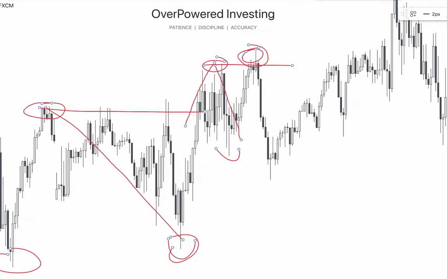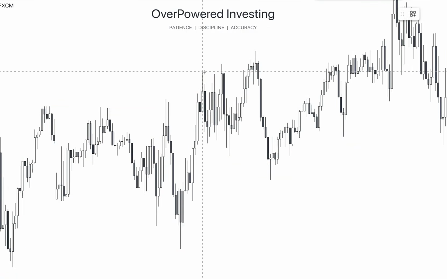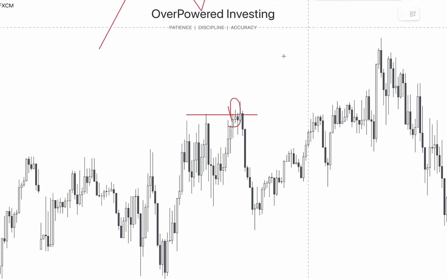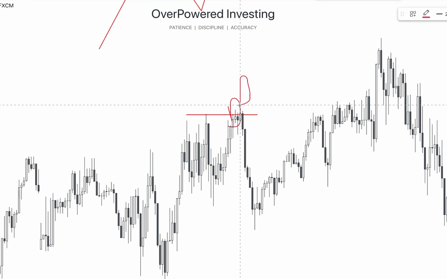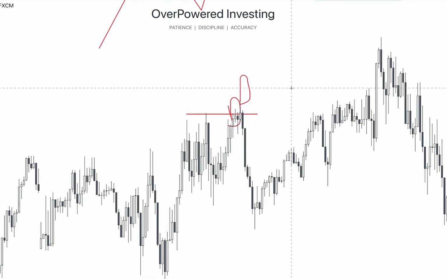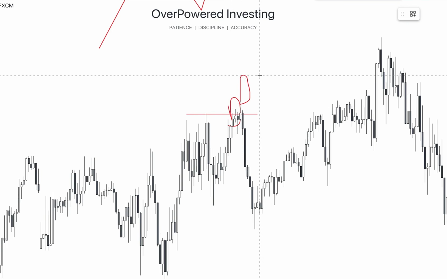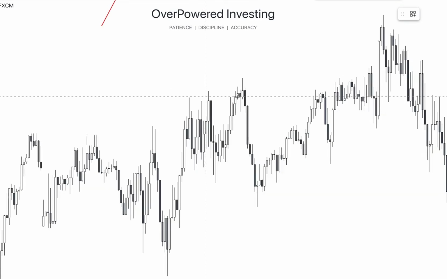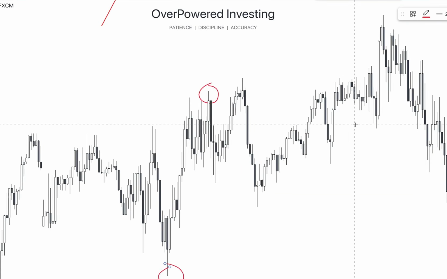If only price closed above this level with a full body candle and had one more candle closing and confirming the breakout. So the breakout structure can be confirmed by two candles. One candle breaks the previous high or previous low with a full body candle, and another candle closes, confirming that the breakout is real and valid. But before we have that, this is still considered to be the high, and this is considered to be the low.